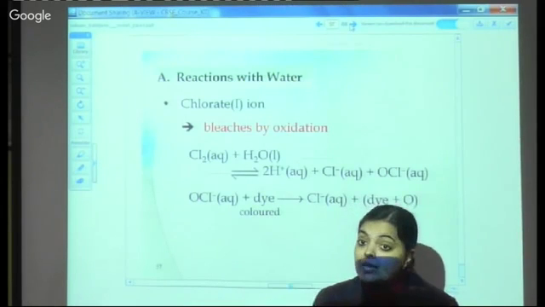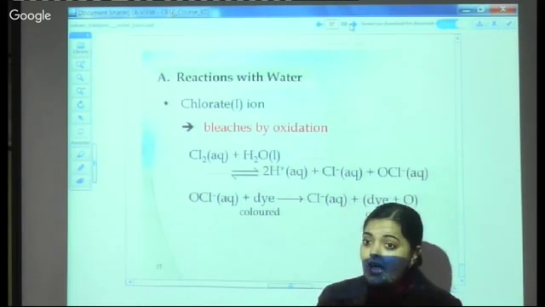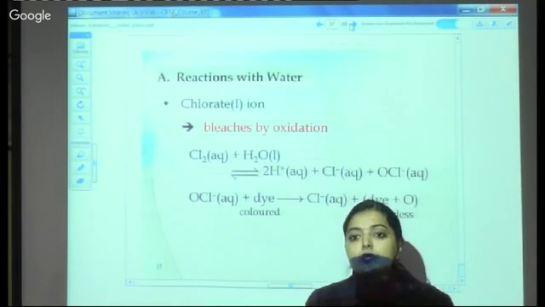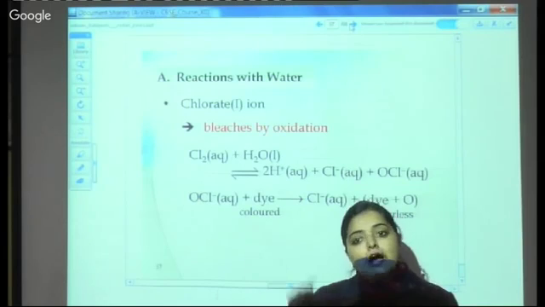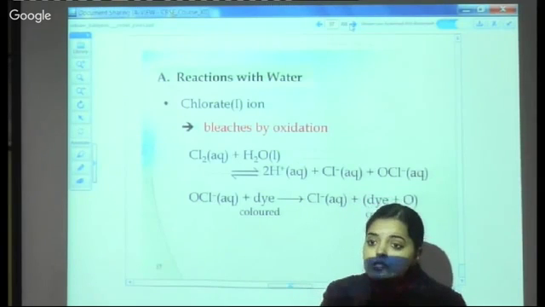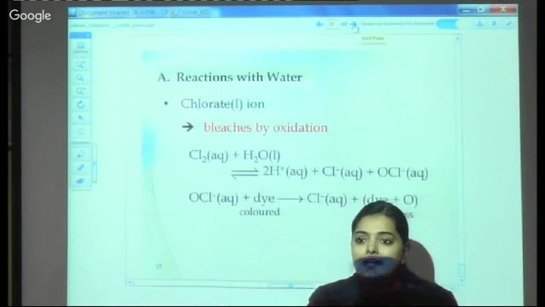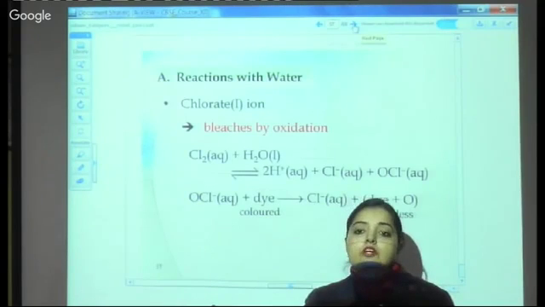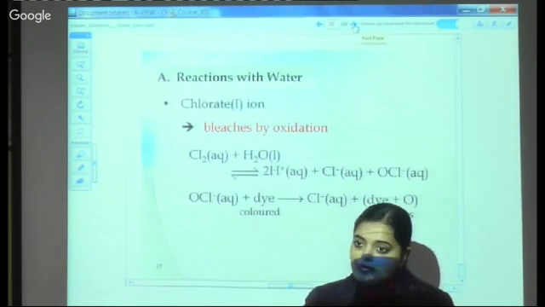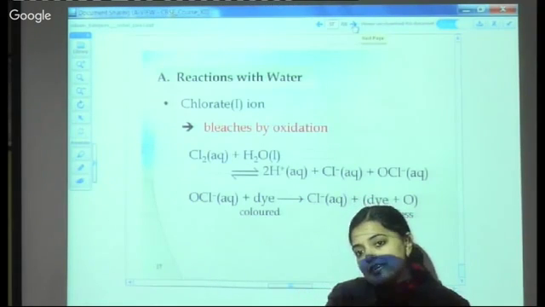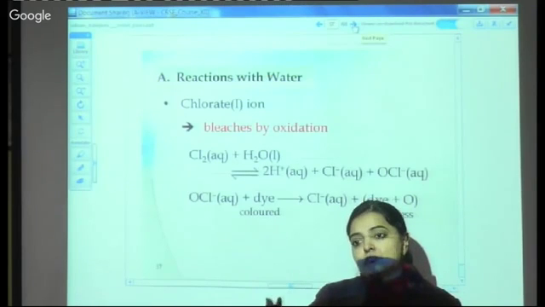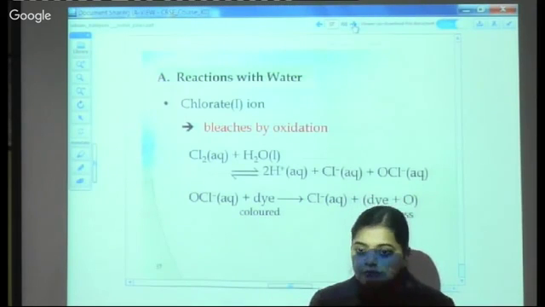If there is a dye or an impurity whose color has been diminished because of the chlorine water, again there will be HCl only, because HOCl has oxidized the dye and in turn converted to HCl. So you need to understand at what stage they are asking about the formation from chlorine water. Clear? Next slide, please.